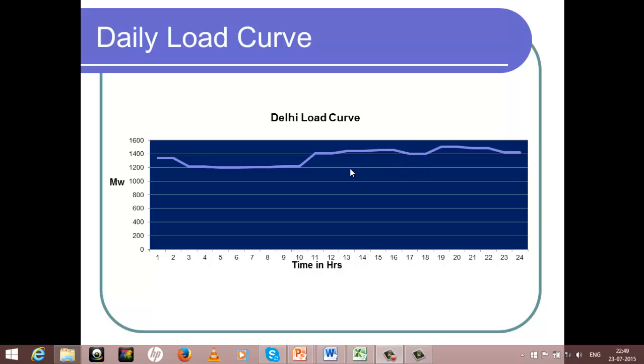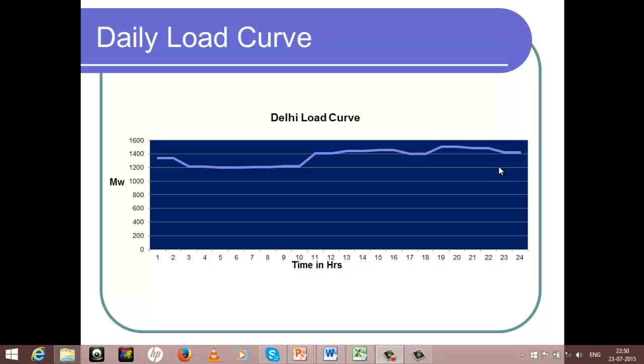So the complete variation of power you can observe from this load curve. From this load curve we can also visualize the base load that occurs always during the 24 hours. From this point, this is the least power consumed on that particular day, and that means we can say all the 24 hours this is the base power.